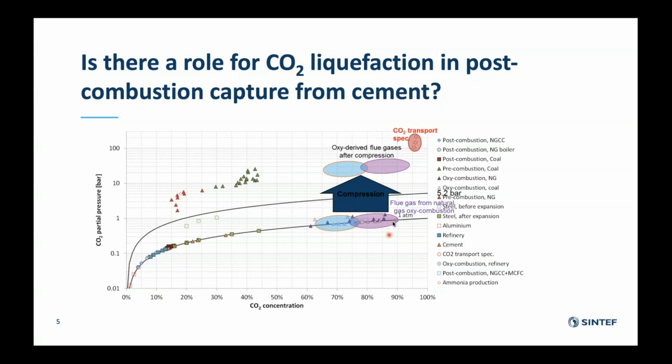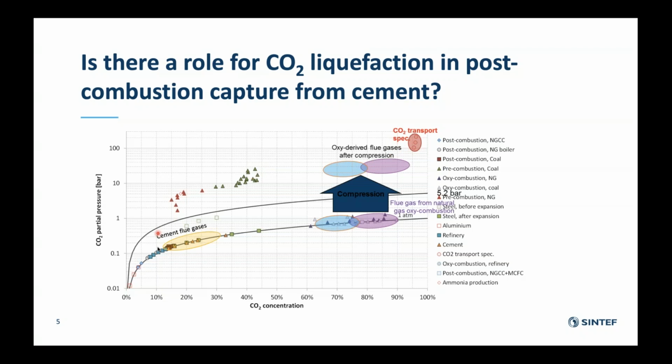As I mentioned earlier, the oxy-combustion cases are represented by approximately 65 to 85% CO2. These are compressed to above the triple point, where you then liquefy the CO2 and send it to the CO2 transport conditions.